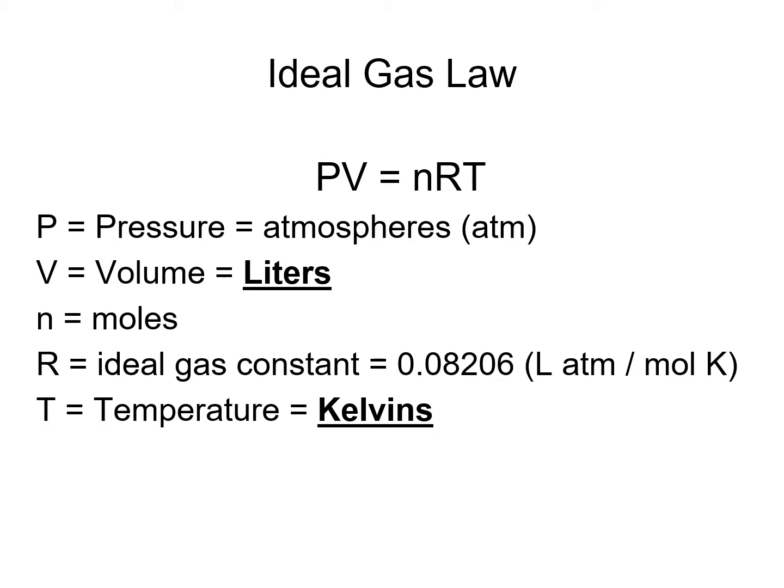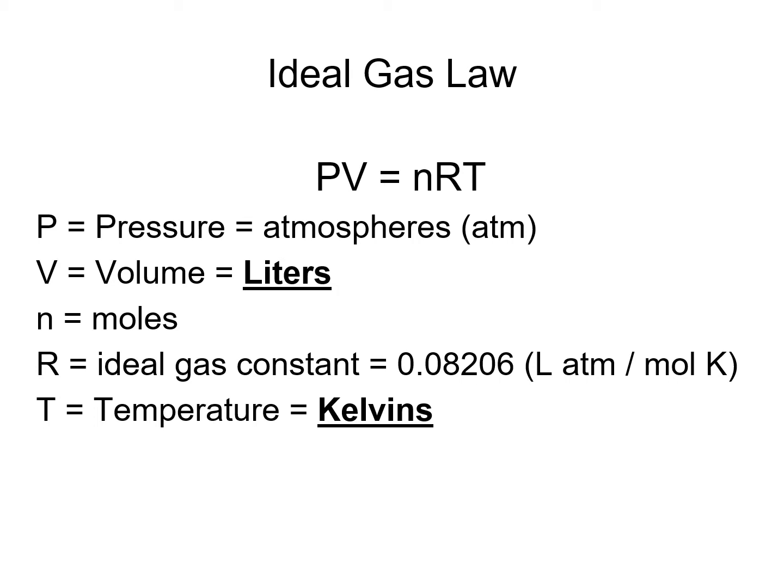It's important to note the units of all of these variables. Pressure is in atmospheres, which you'll see noted as ATM most of the time. V, the volume, always needs to be in liters for this equation. The number of moles is just a number. And the temperature always needs to be in kelvins.